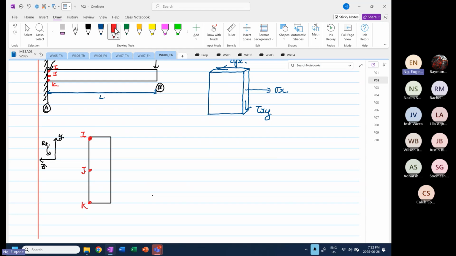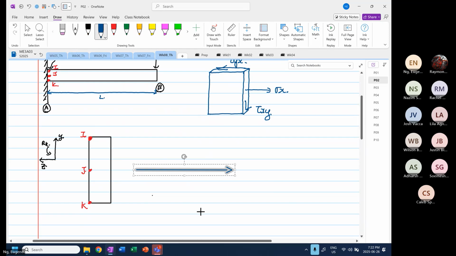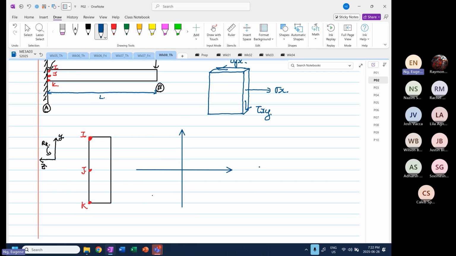So now, if we were to sketch our stresses due to bending moment, this is our normal stress in the x direction. This is our y.